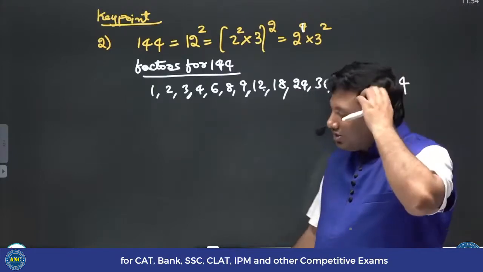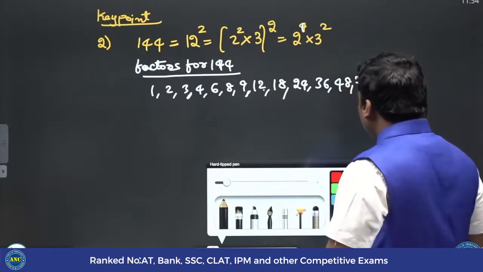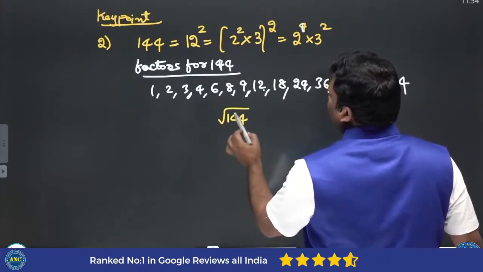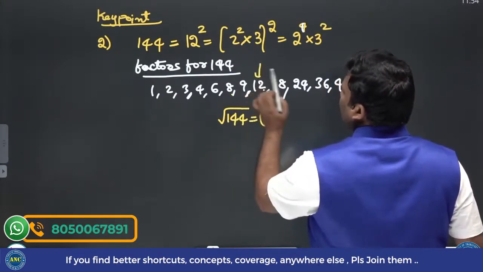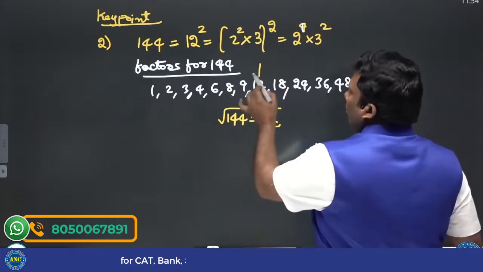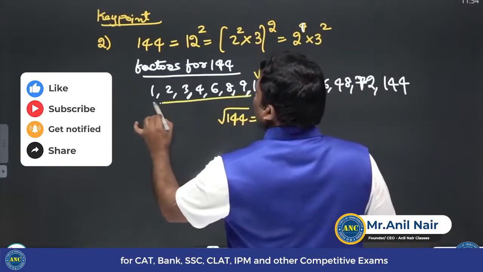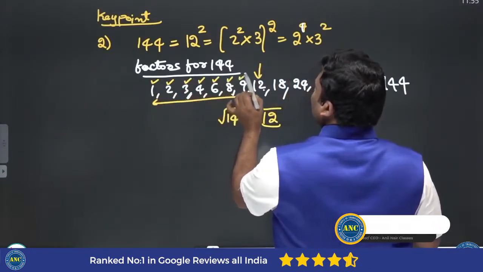Listen carefully to this key point. 144 is a perfect square. So the first thing is the square root of 144 is 12. 12 is present in this number. How many factors are there less than 12? 1, 2, 3, 4, 5, 6, 7.